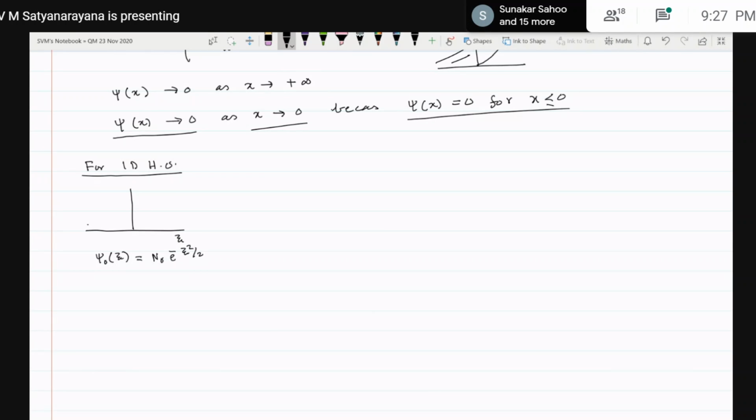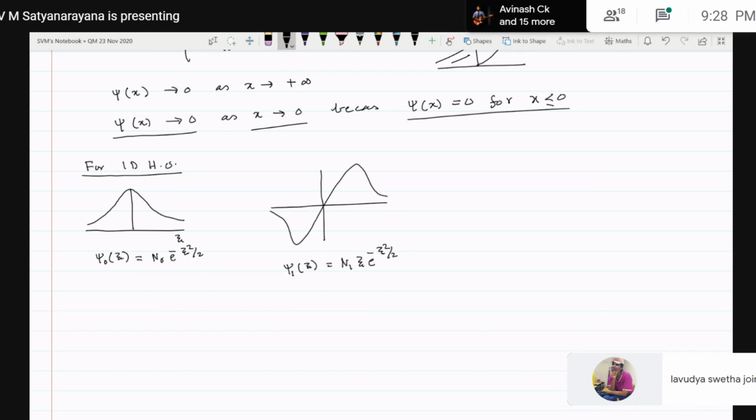So this is a Gaussian which looks somewhat like this. This is for the ground state. Now if you look at your first excited state, psi 1 of xi is equal to some constant n1 into xi into e to the minus xi square by 2. So you see that there is a graph like this.